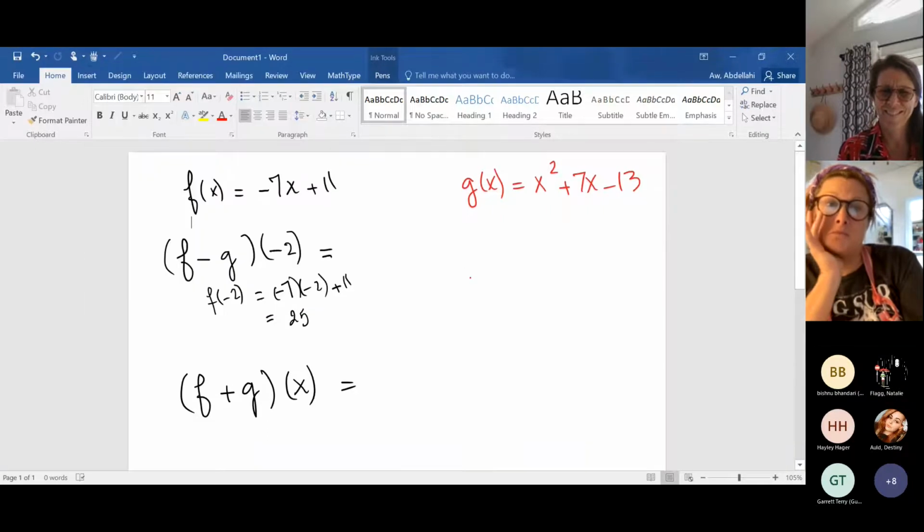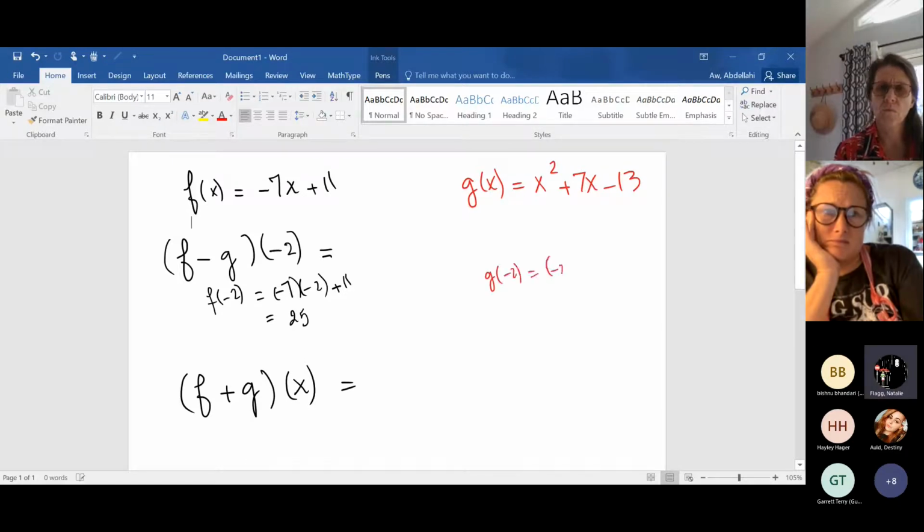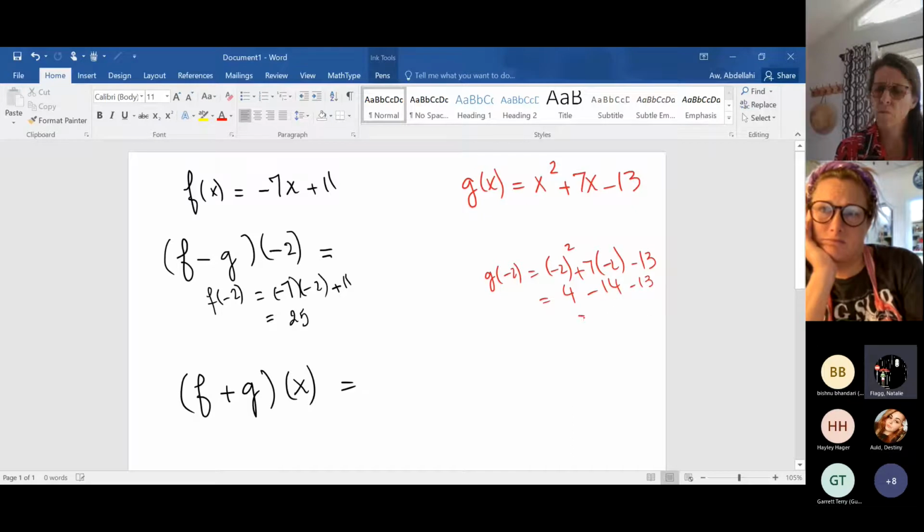And on the other hand, what you already substituted, -2 squared plus 7 times -2 minus 13. Exactly. So for that, I got 4 minus 14 minus 13. And hopefully that was -23. Yep, that is -23.